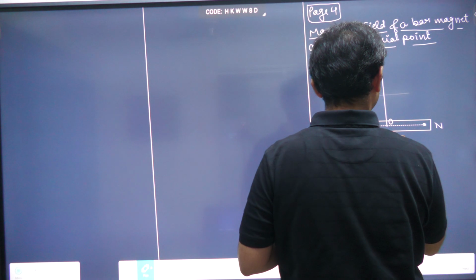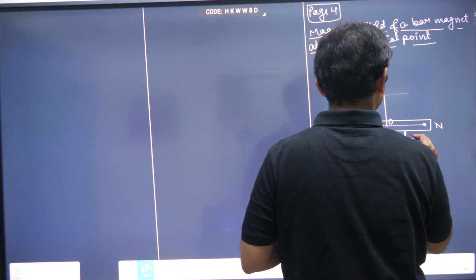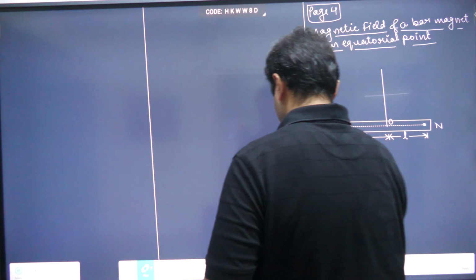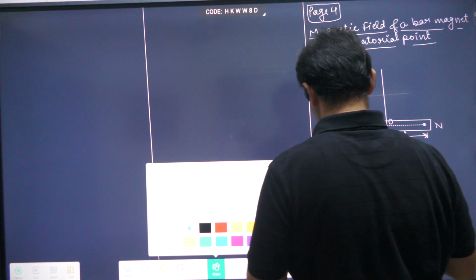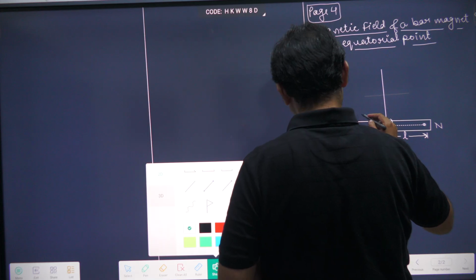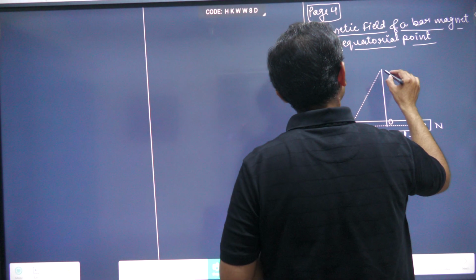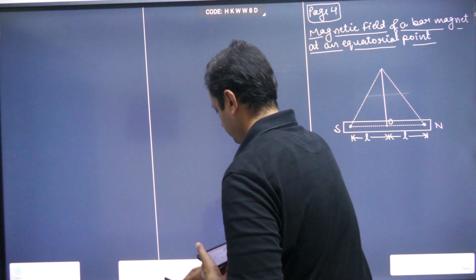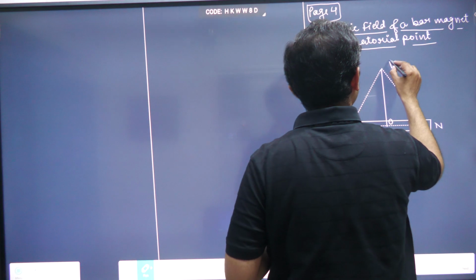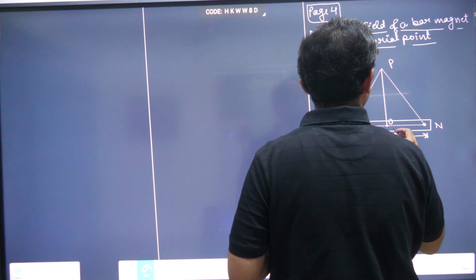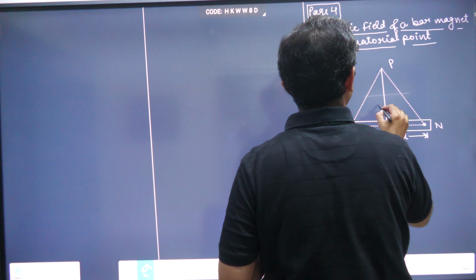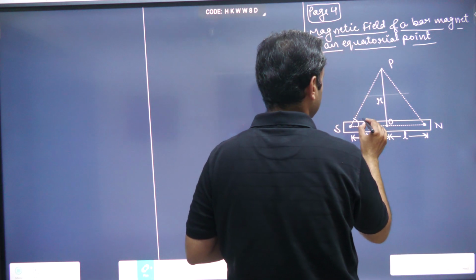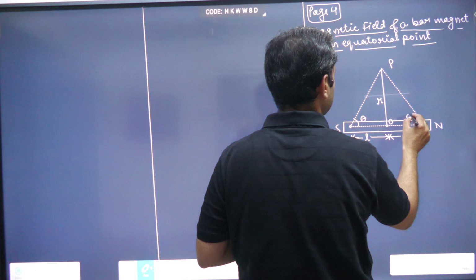This one is point O. From the center to point P, we always take the distance to be small r, and take this angle to be theta.